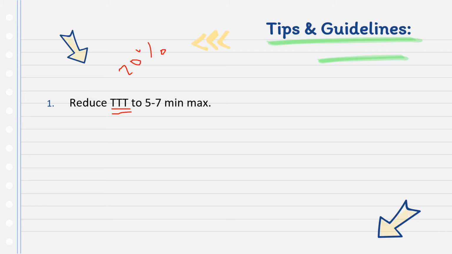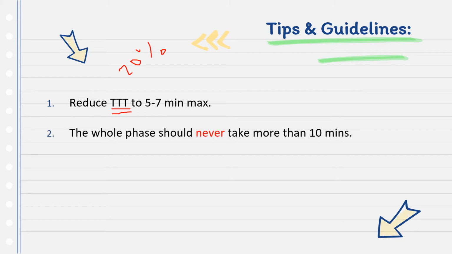So during this phase, you are explaining. However, the part where you talk alone, the monologue, the lecture, should only be between 5 to 7 minutes. Otherwise, you will lose your students. However, the whole phase should not take more than 10 minutes. If you think that the mini lesson is the biggest chunk or the biggest part of your lesson, then you are mistaken.